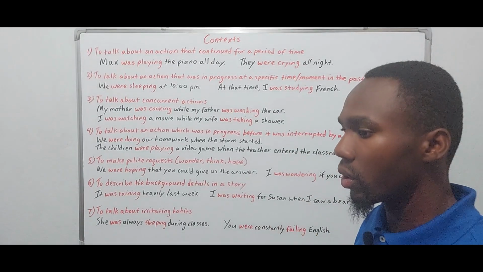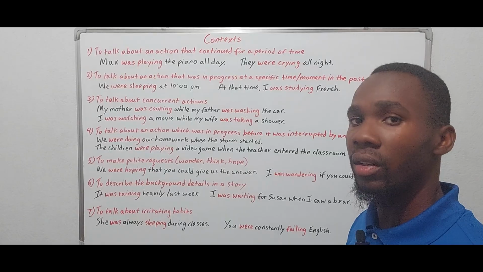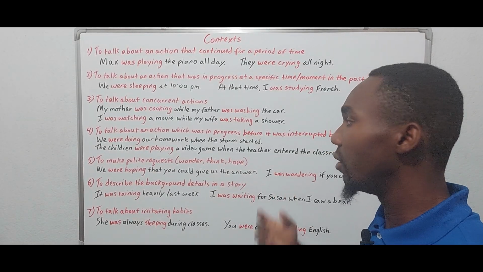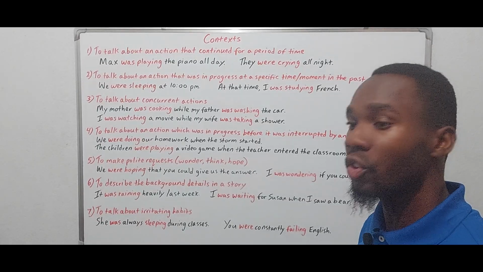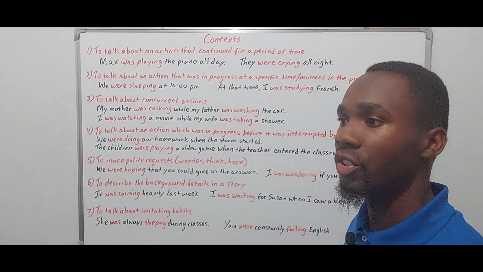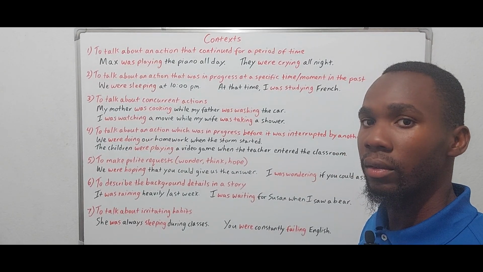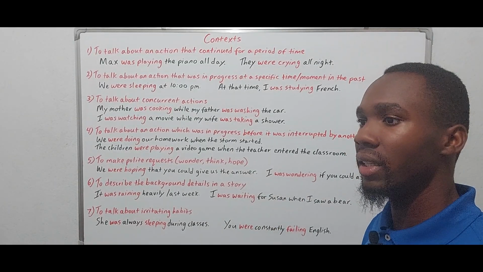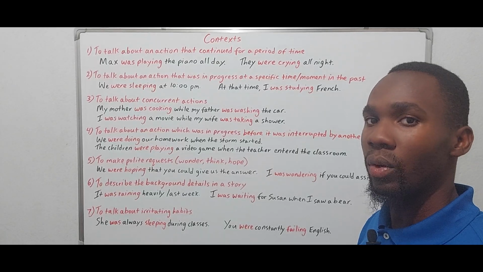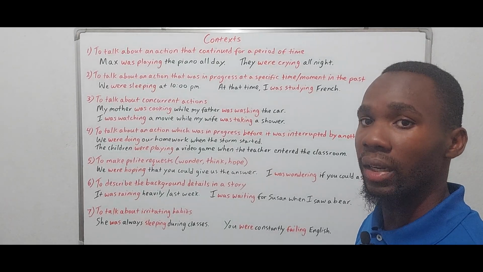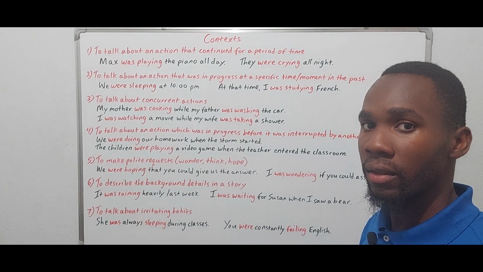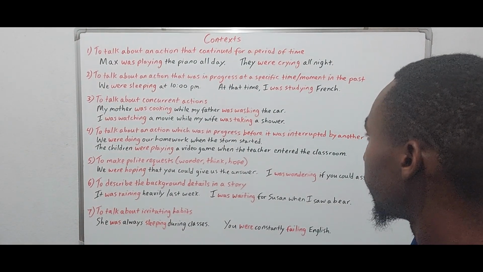So what were the children doing before the teacher entered the classroom? They were playing a video game. So while they were playing their game, the teacher entered. So the teacher entering the classroom interrupted an action that was ongoing, an action that was in progress. Right? Very good.